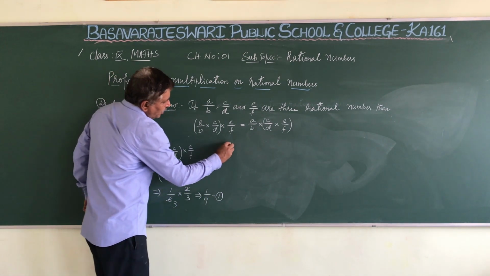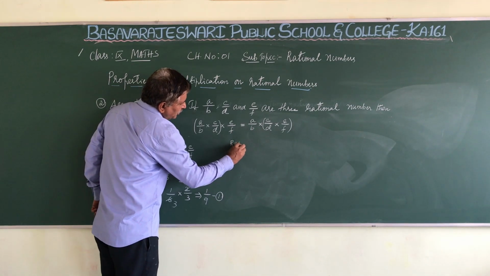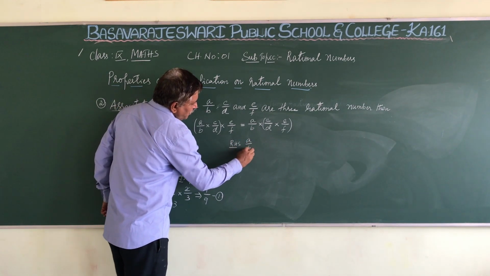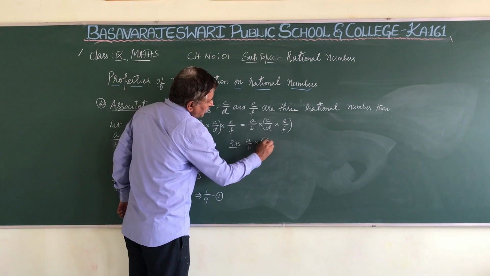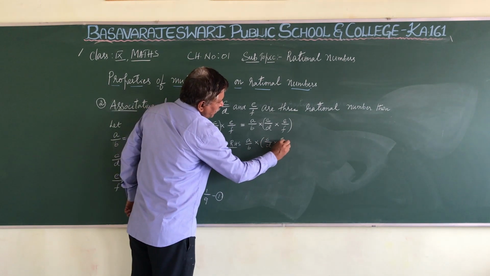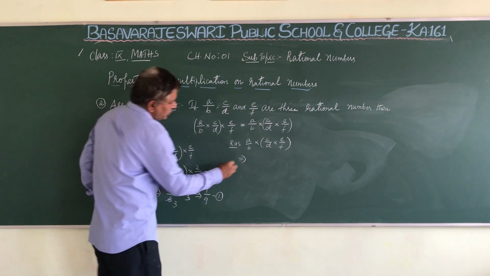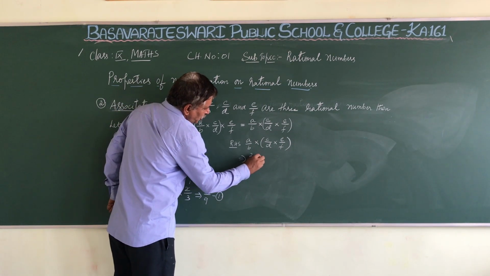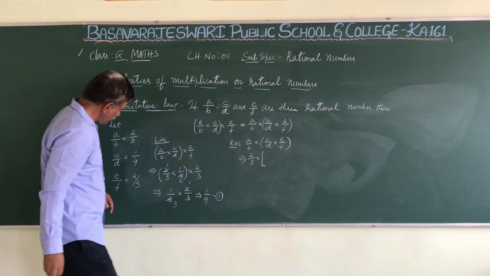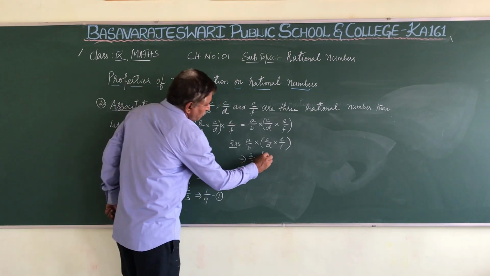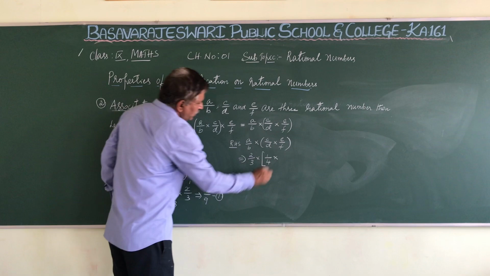Next, right hand side. What is right hand side? We have A by B into C by D into E by F. So this implies, what is A by B? 2 by 3 into, what is C by D? C by D is 1 by 4 into, what is E by F?